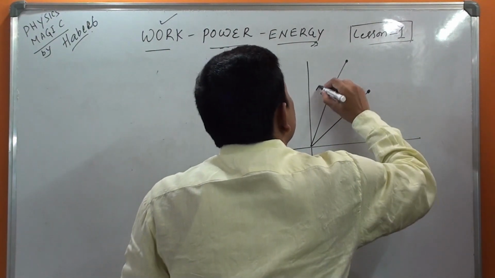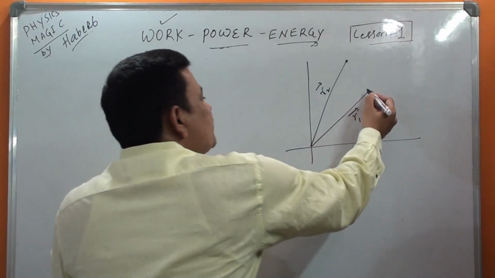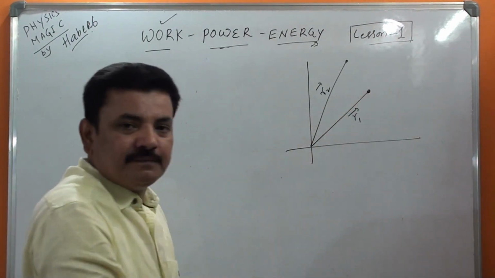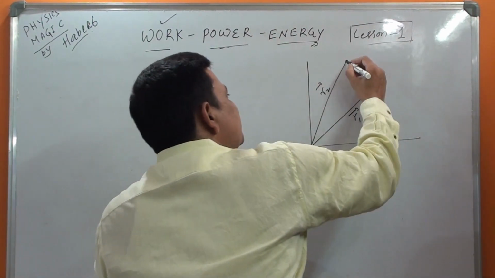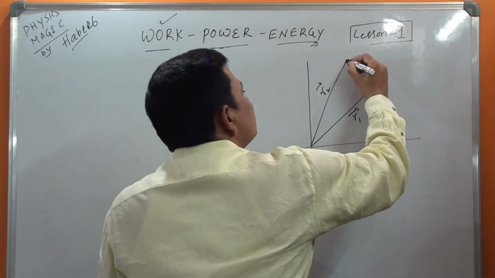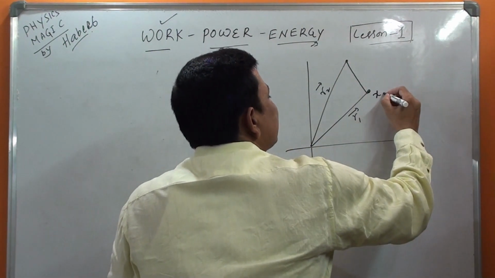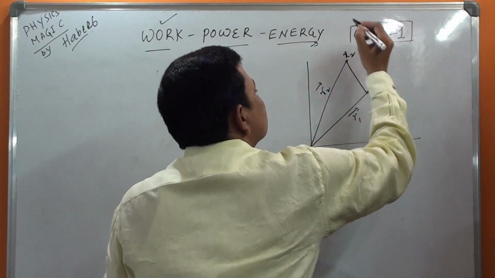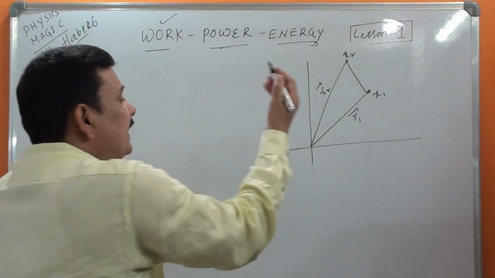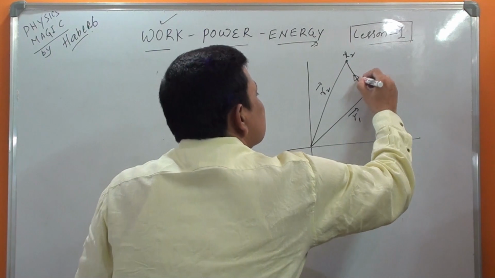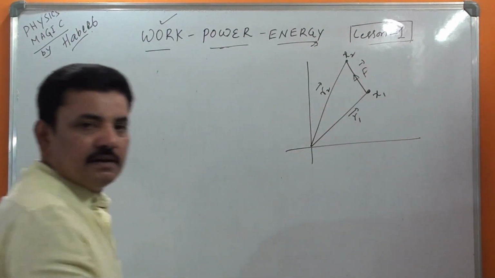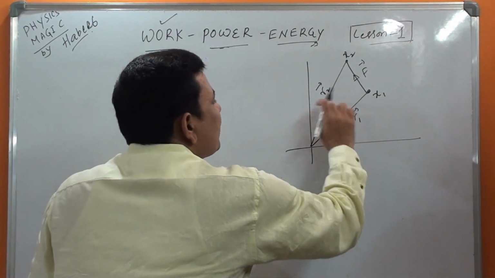Say this is R1 bar, this is R2 bar. Originally this is the initial position. Now because of the application of the force, it moved to this final position. Say this is x1 and this is x2. Then force is applied like this. So this is R1 bar and R2 bar.